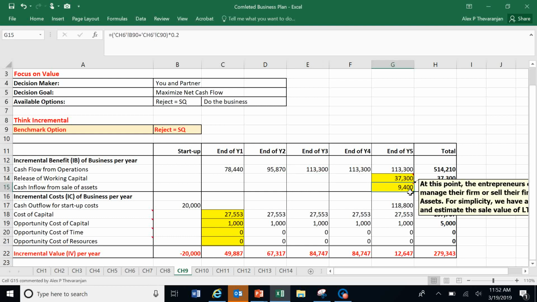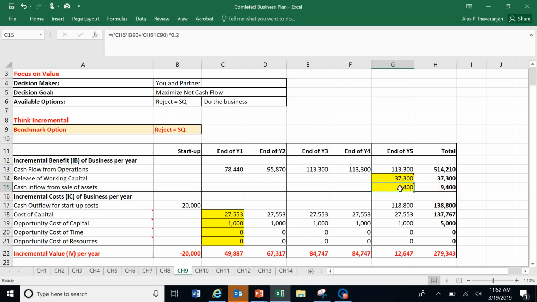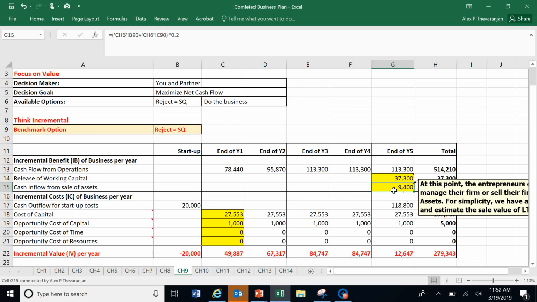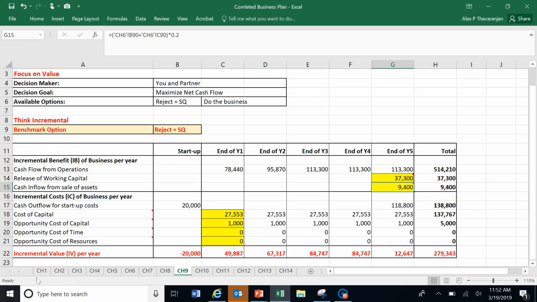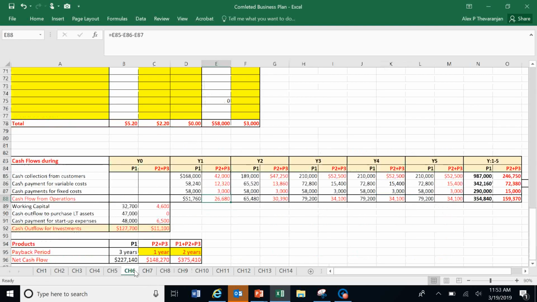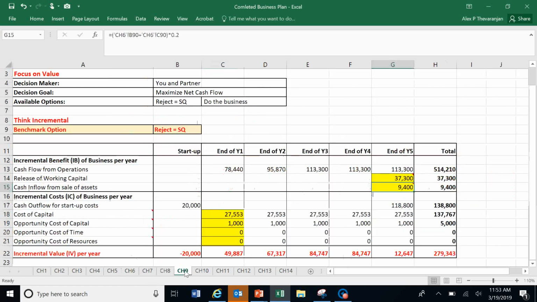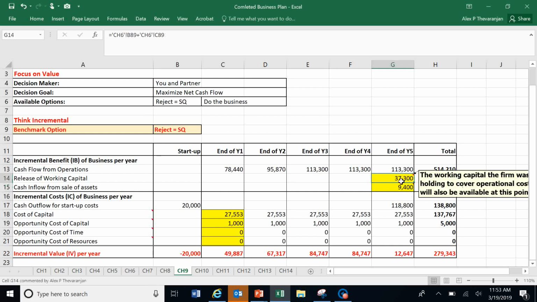That's 20% of your asset values. The assets would have depreciated. If you go to chapter 6 B90, this is the asset you have, 47,000. After 5 years you can sell it for 20% of that, which is the 9,400 that you have. Then the other one is the working capital.